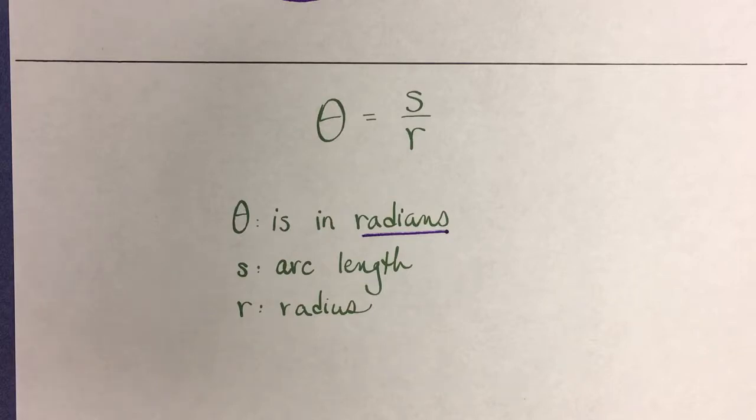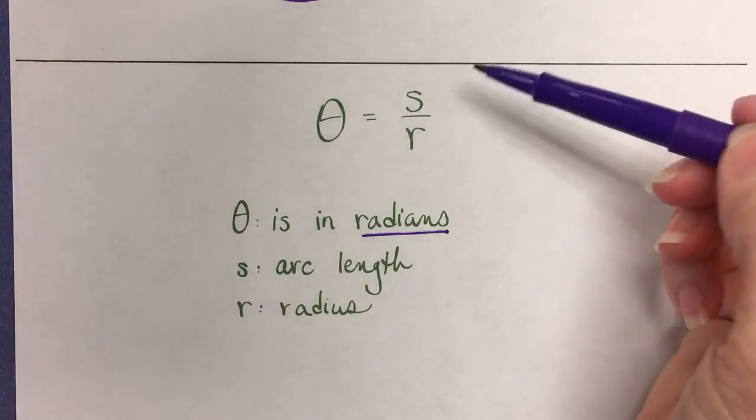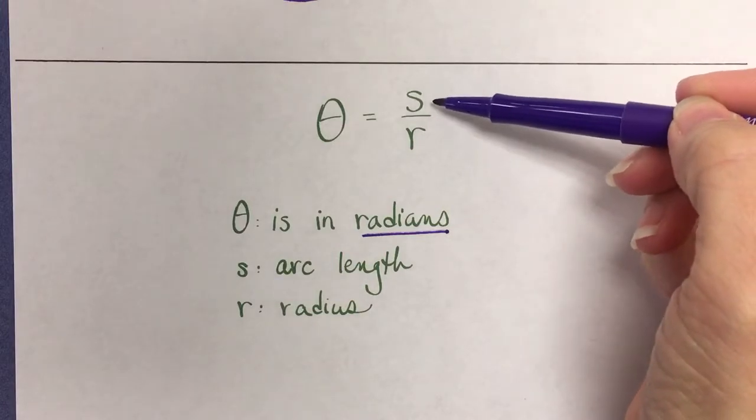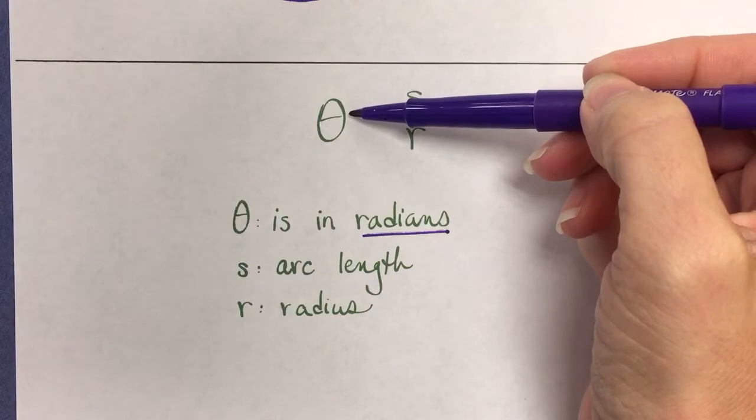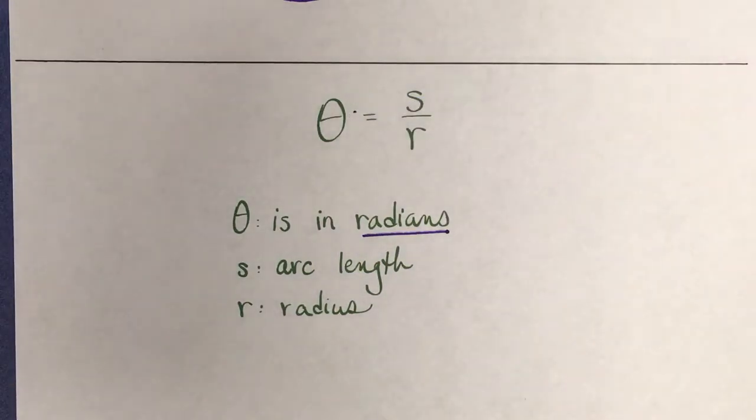The lowercase s represents the length of the arc, and the lowercase r represents the length of the radius. So all you have to do is take the length of the arc and divide it by the radius, and that gives you the measurement of your angle in radians.